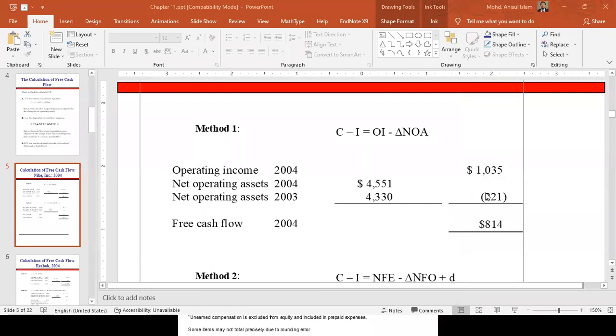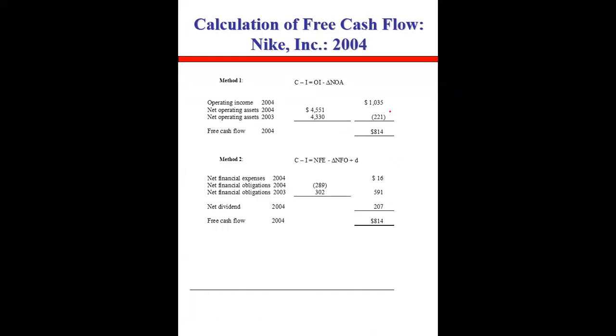Okay. You have mentioned the right number, 221. So what we are doing is taking the net operating income and subtracting the positive change in the net operating assets, because we have made investment out of our operating cash.